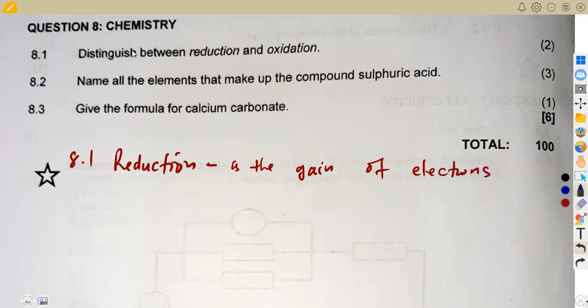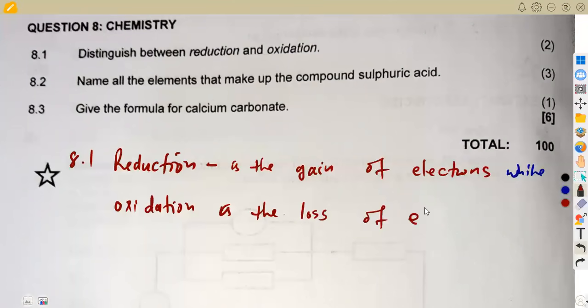Since we are comparing, we say that oxidation is the loss of electrons. Just like that. 2 marks for that.